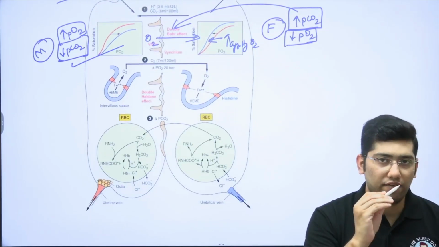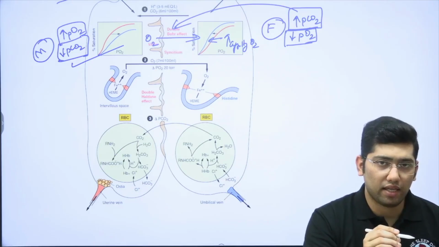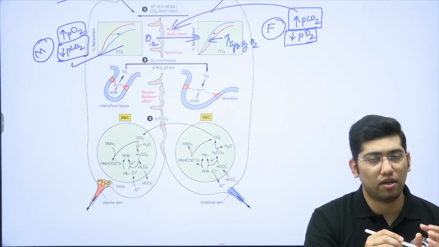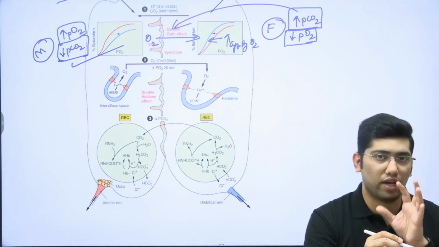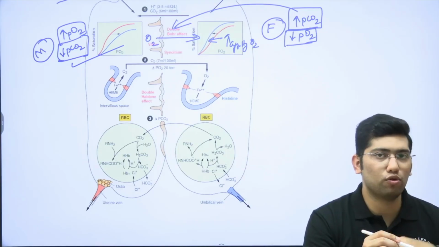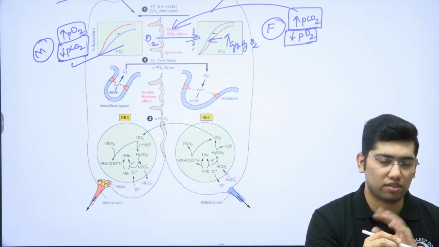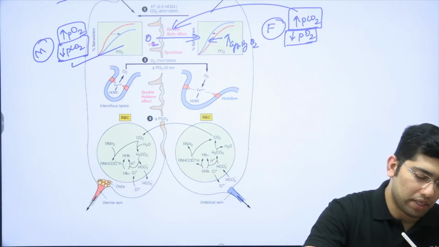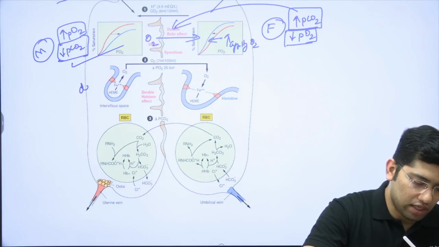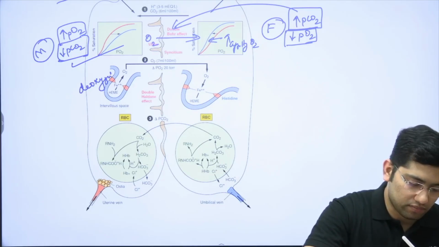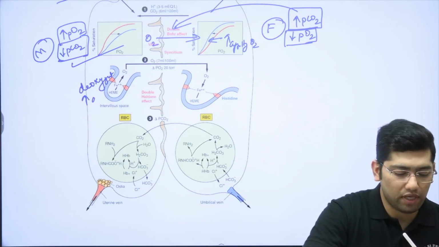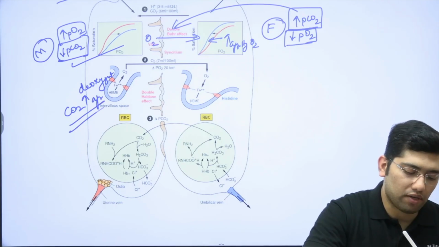The Haldane effect is the effect brought on by oxygen on carbon dioxide. So the end result is on carbon dioxide, and what brings it about is oxygenation or deoxygenation of hemoglobin. Maternal hemoglobin deoxygenates, so there is an increase in affinity for carbon dioxide.